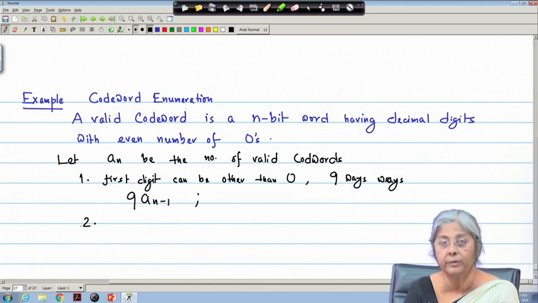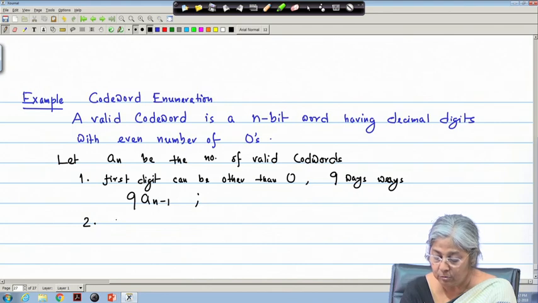And the other thing we can get is the total number of code words.